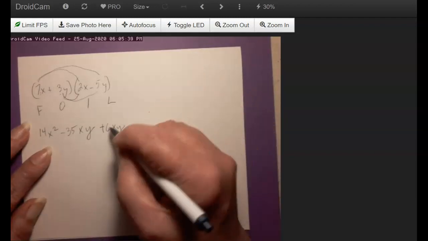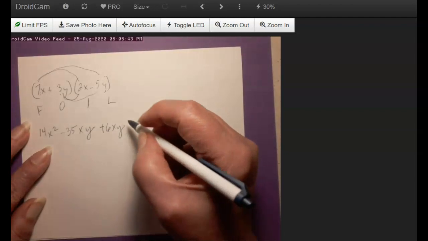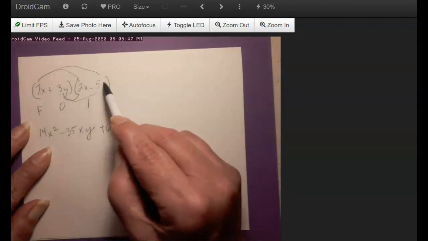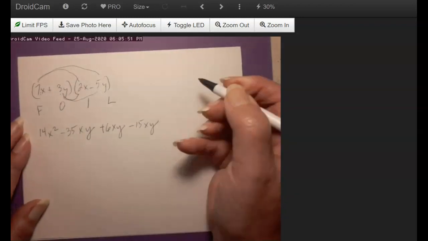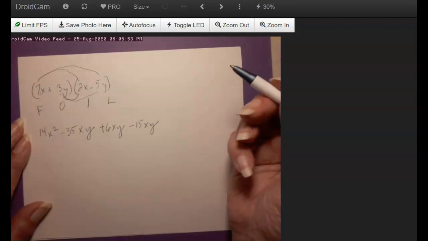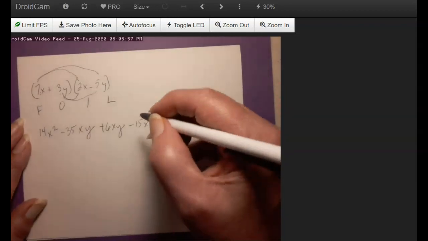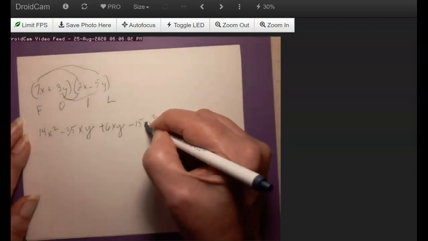I'm not picky about alphabetical order on these, or even order in terms of the terms. And then the last would be 3y times a negative 5y, which gives me minus 15xy. So if we collect like terms, sorry, this should be 15y squared. It didn't feel right. So be careful.